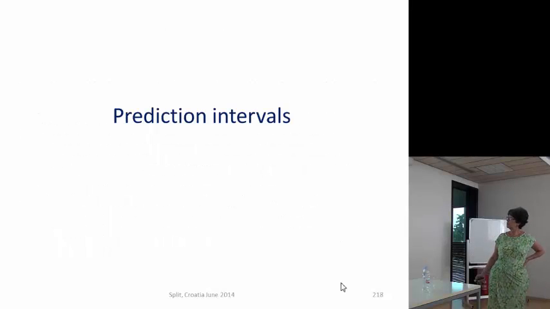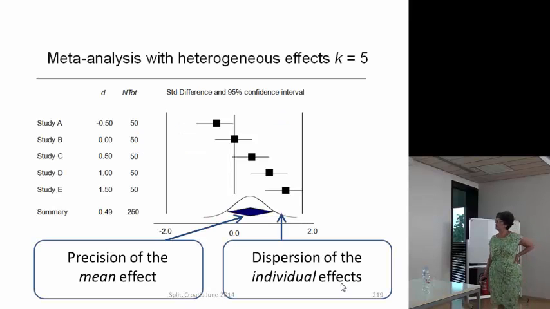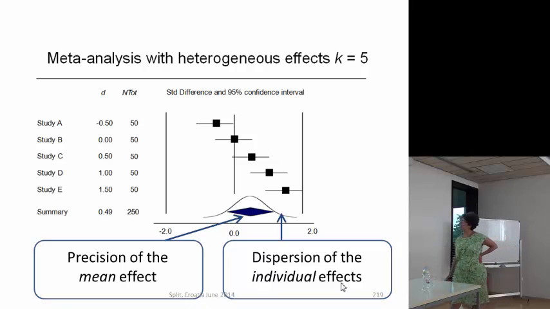Okay. The last thing that I want to mention is something called a prediction interval. It was developed by Julian Higgins and based on, and similar to something called a credibility interval, which was developed by Hunter and Schmidt.